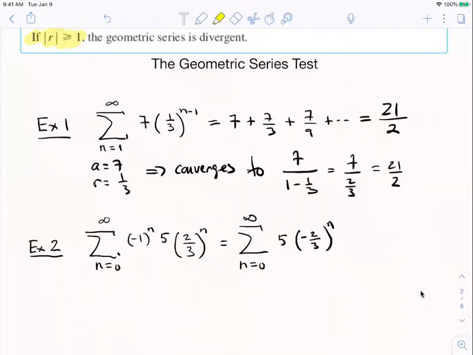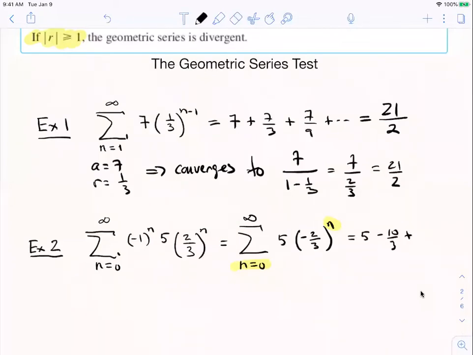Maybe you're a little nervous here that I've started the sum at 0, but notice that my exponent is an n. So if you're ever nervous about what the first term is, don't be, just write it out. When n is 0, this will be 5. And then when n is 1, I would multiply 5 by -2/3, so I'm going to get -10/3.